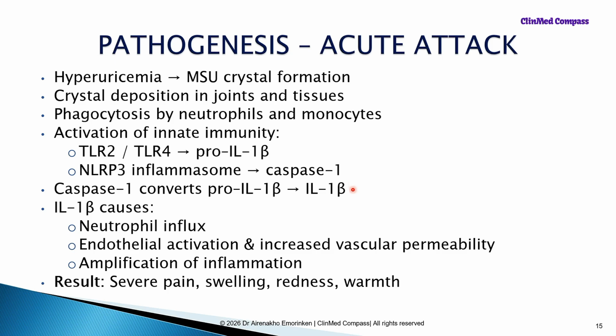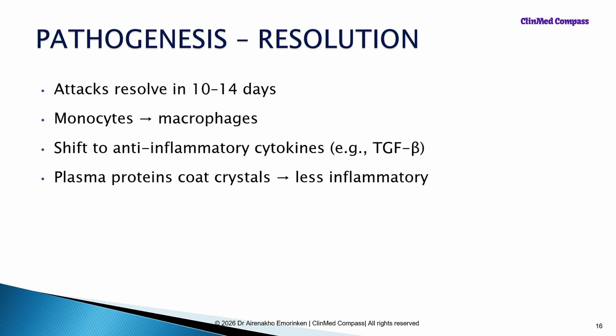Interleukin-1 beta drives neutrophil influx, endothelial activation, increased vascular permeability, and amplification of the inflammatory cascade. The clinical result is severe pain, swelling, redness, and warmth. These are classic signs of acute gouty arthritis.